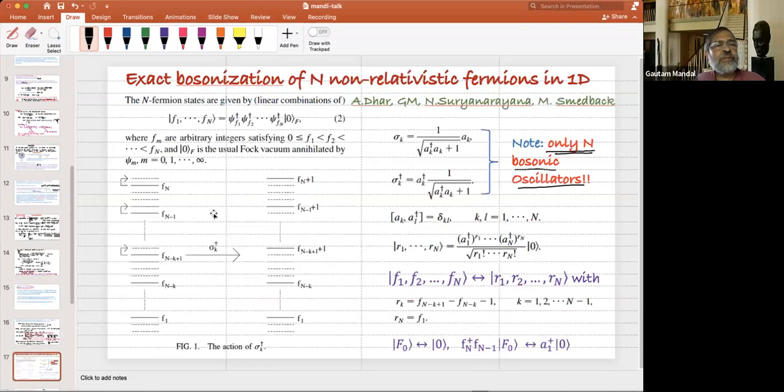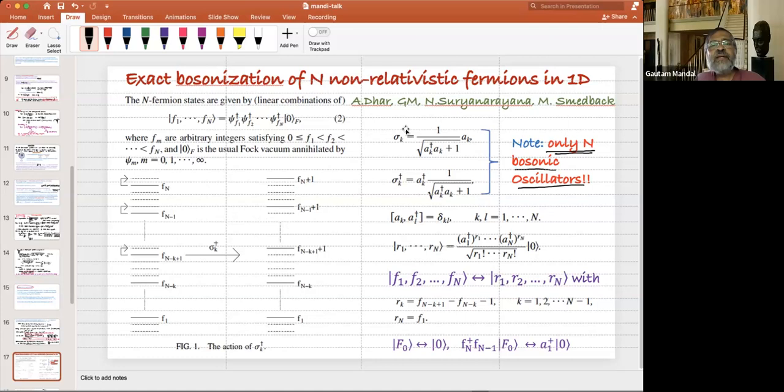So it's done in 2 steps. Start from some filling here and invent an operator sigma k dagger, which does not do anything to the low down fermions, but from n minus k plus 1 onwards, all are kicked up by step 1. That's what sigma k dagger is, and similarly sigma k is the other way around.